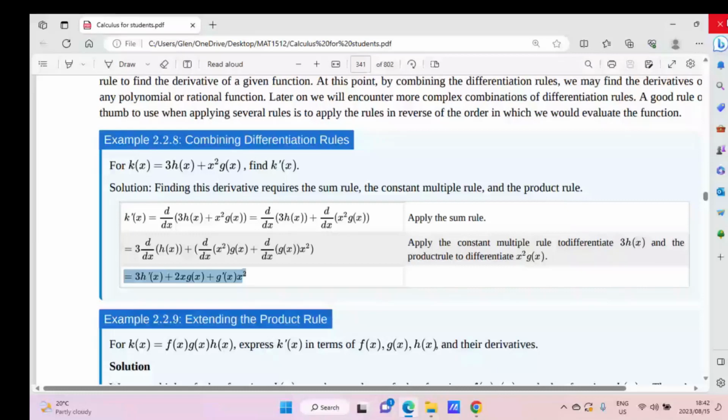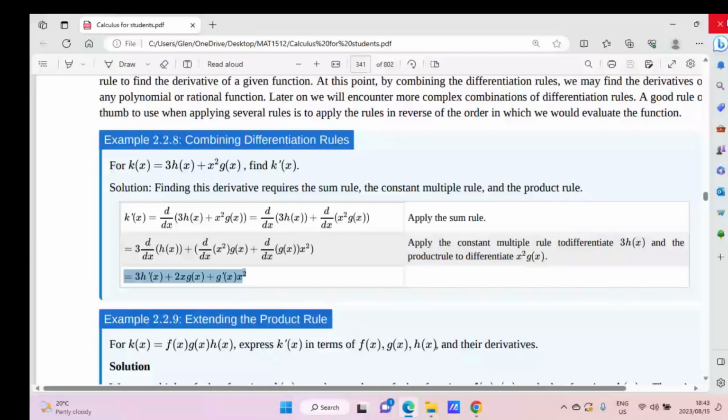Okay, wait there. Yeah, okay, I see your mistake. Can you follow me through? Take f of x and g of x as one function. Say the derivative, d dx, open the square bracket and put f of x and g of x in that bracket.